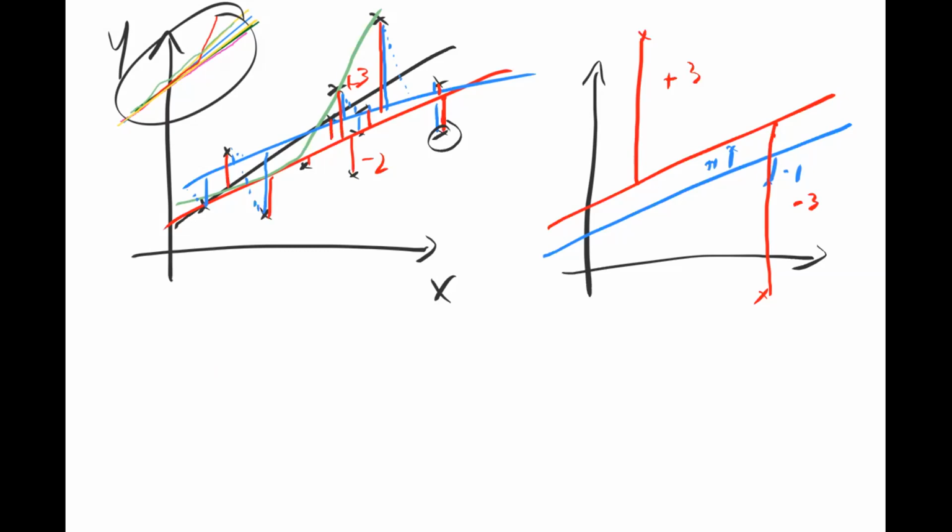So the difference between here and here is y minus y hat, for every individual point i. Y hat is our predicted value.